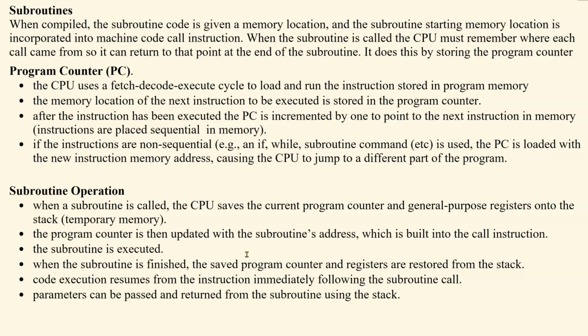The subroutine is run, and then when the subroutine is finished, the saved program counter and registers are restored from the stack. So the code execution resumes from the instruction following the subroutine call. And note, you can pass parameters to and from the subroutine using the stack.